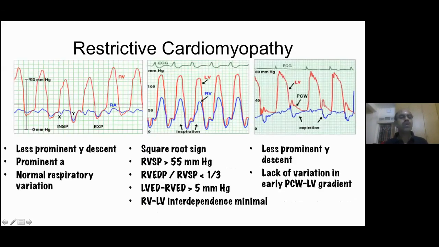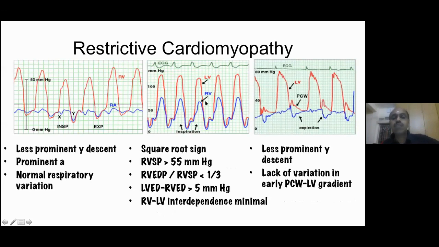Now to re-summarize: restrictive cardiomyopathy in the atria will have a less prominent Y descent and a more prominent A wave because pulmonary hypertension is there. It will have normal respiratory variation, so that means an inspiratory fall. In the ventricle, both ventricles will uniformly have the square root sign.